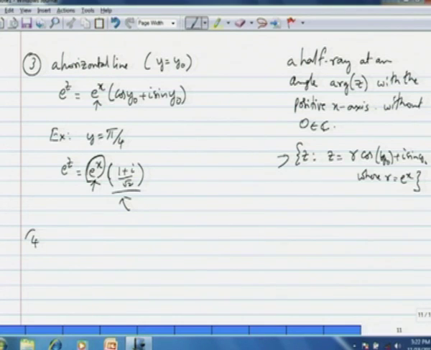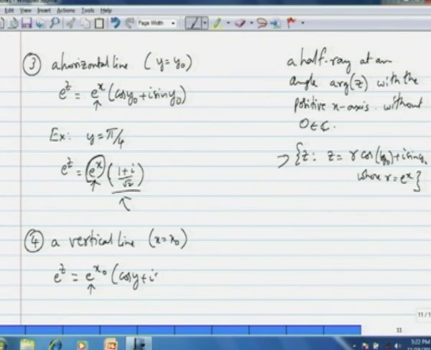Likewise, let us inspect where a vertical line goes to. The vertical line has the equation x equals x naught. So, e power z transforms this line to e power x naught, which is a fixed positive real number, times (cosine y plus i sin y).